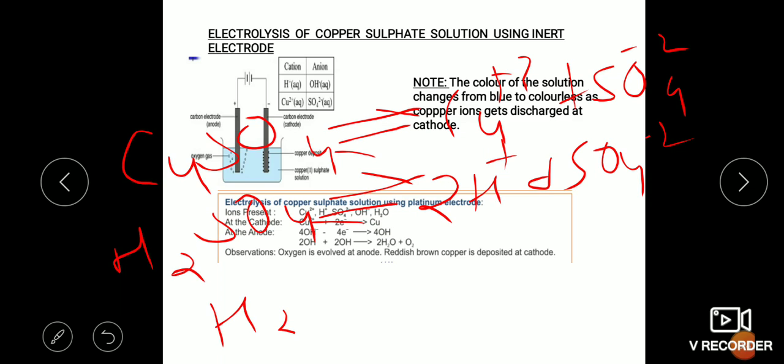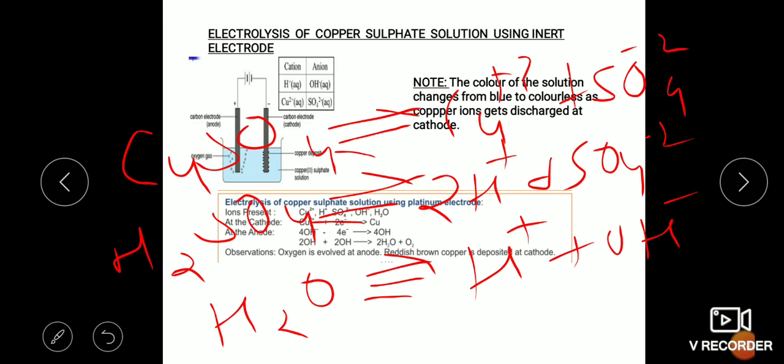And water on dissociation will produce H+ ion plus OH- ion. And as per the preferential discharge, copper ions will get deposited at cathode and form reddish brown layer of copper. And at anode, your hydroxide ion will get discharged.